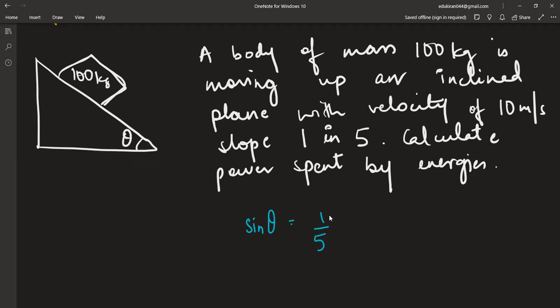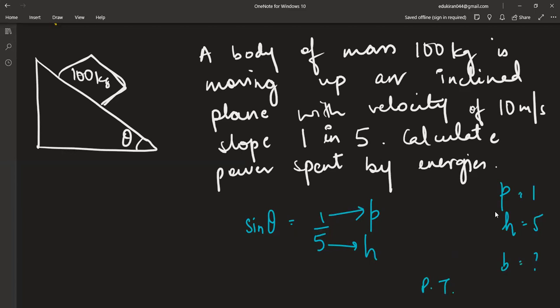Now see, once you have the value of sine theta, what is sine theta? Sine theta is perpendicular upon hypotenuse. So this is the perpendicular, this becomes the hypotenuse. Now if you have P, if you have H, the third one can be easily calculated. This is 5, this is 1 unit. So you apply Pythagoras theorem, you get the value of cos theta, you get the value of tan theta.